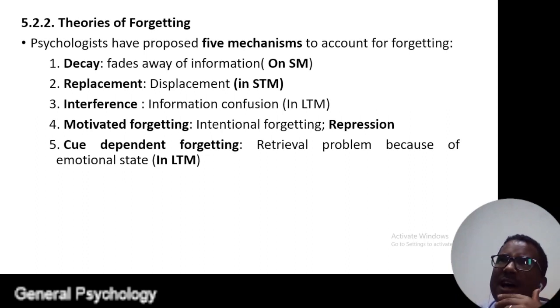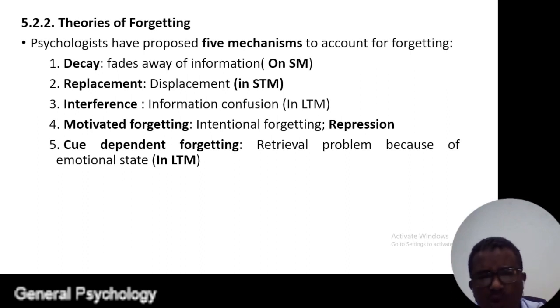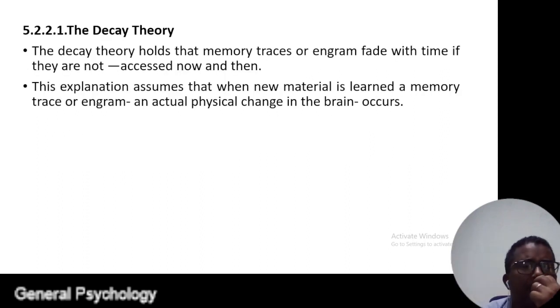Such advising is taken as a mechanism to provide advice for those who have a problem. That is motivated forgetting. The last one is cue dependent forgetting, a retrieval problem because of emotional state. It is also found in the long-term memory. We will see it later.